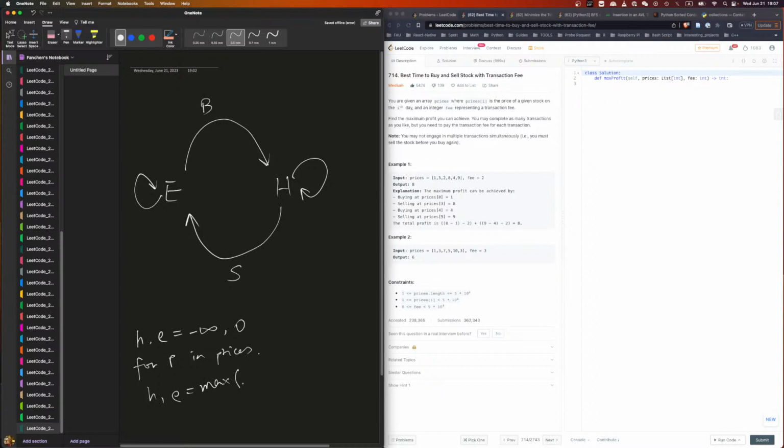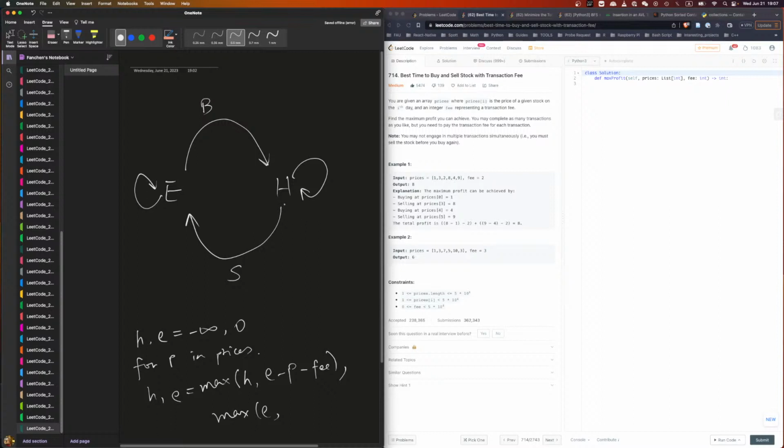So holding state, I can just keep holding state or previous empty state minus P minus fee. Okay, and then the empty state I can remain empty, or from empty state.